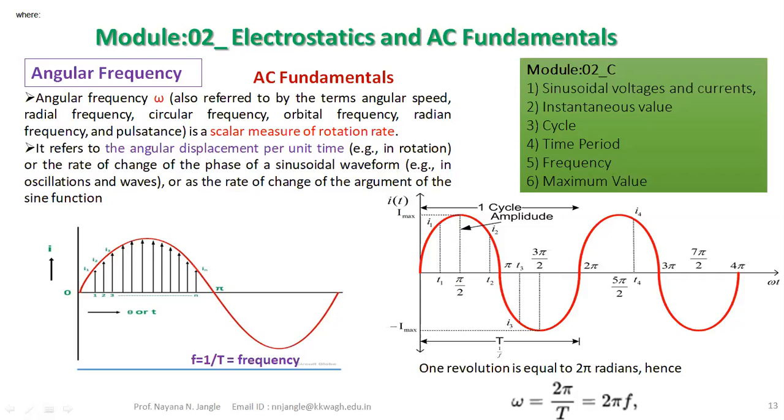So a complete cycle of angular movement is 2 pi, a half cycle is pi, a quarter is pi by 2, and so on. Therefore, angular frequency, denoted by omega, is given by 2 pi upon T, or equal to 2 pi f, where f is the frequency of the alternating quantity.